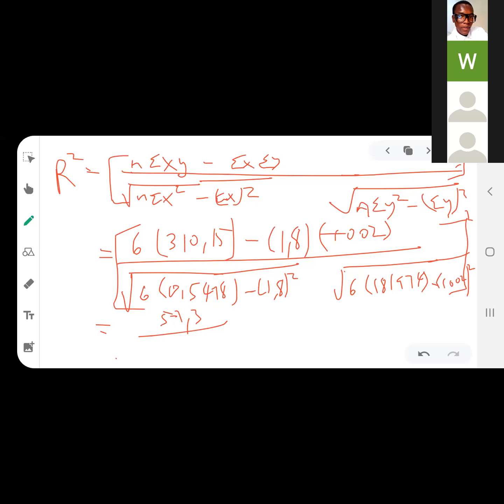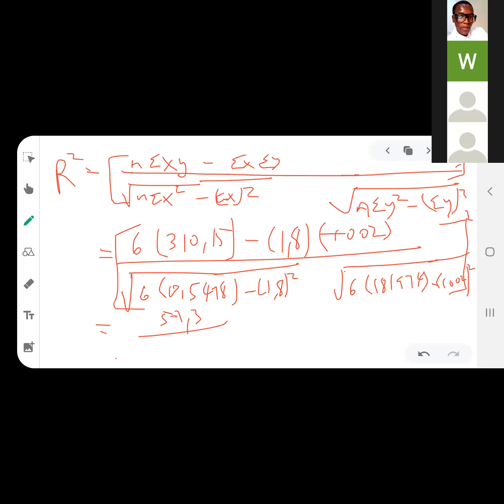Then you press the navigation button on the right-hand side so that you can have a space. If you don't navigate to the right, your multiplication sign will be inside the square root, and we don't want that. We want it outside the square root.